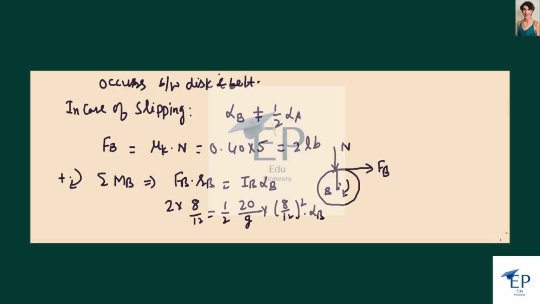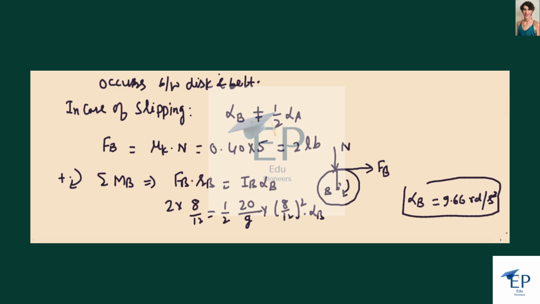So by solving it, you will get alpha B to be 9.66 radian per second square.